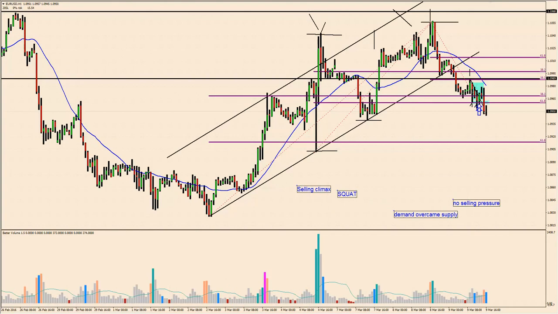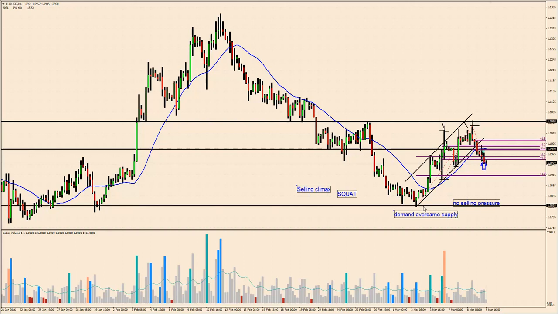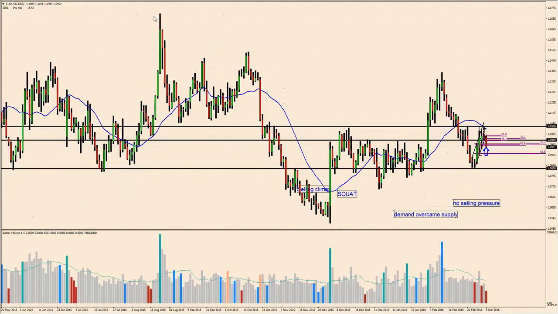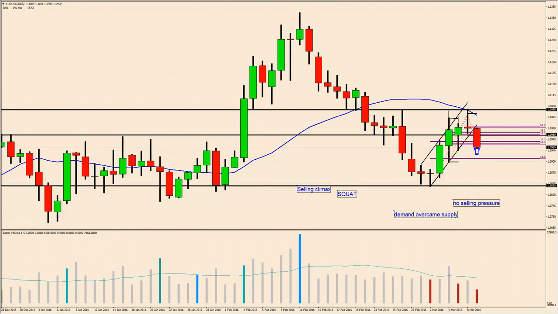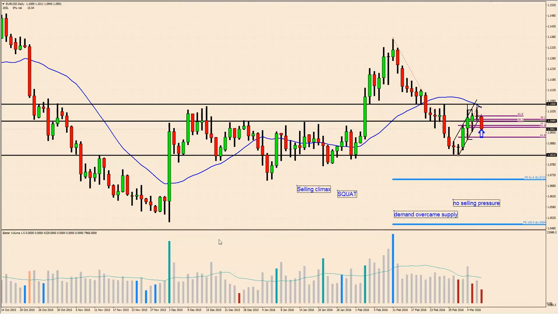So about the euro, what I'm expecting is at least the 61.8 of this swing low to be tested. For that we got about 40 pips, but I'm expecting much more in the future. I'm expecting a test of the swing low, 120 pips, and later on, if we place the expansion at this point right now, these are our projections if this swing high stays valid, which I expect.